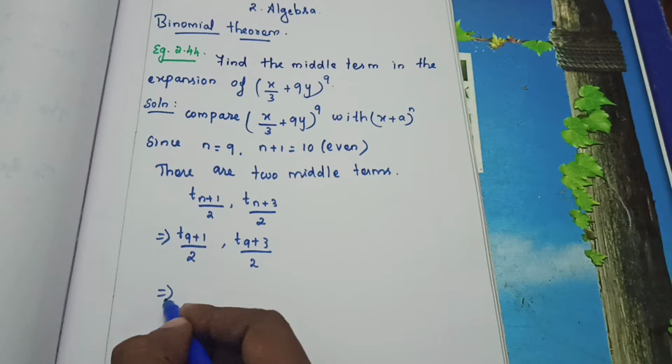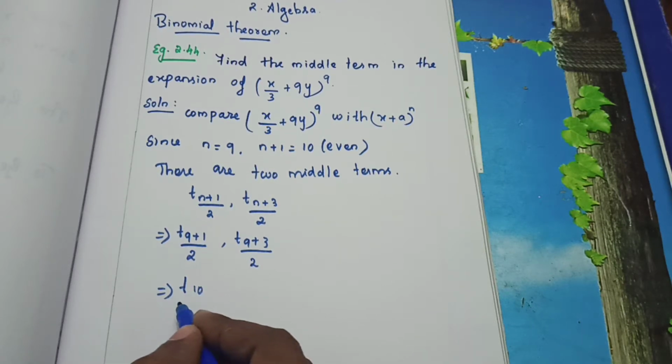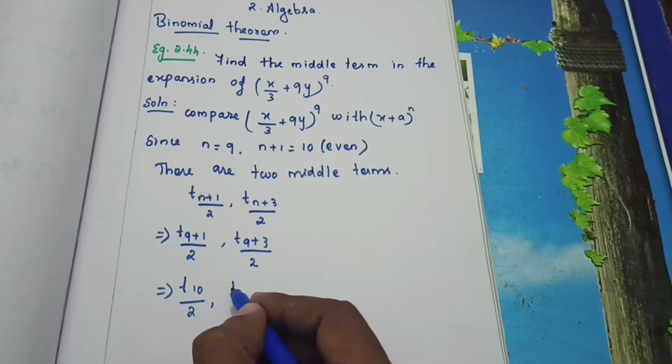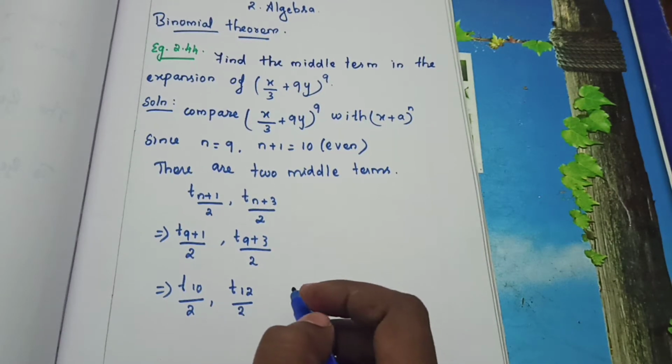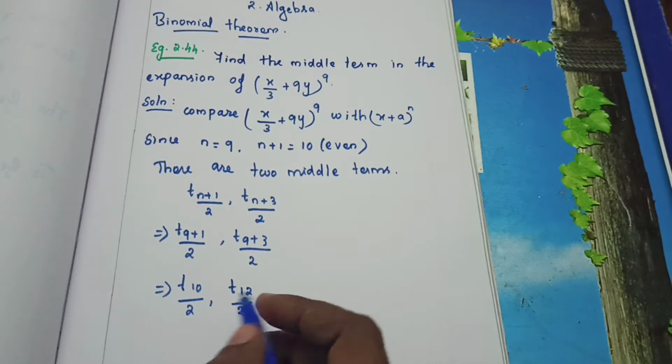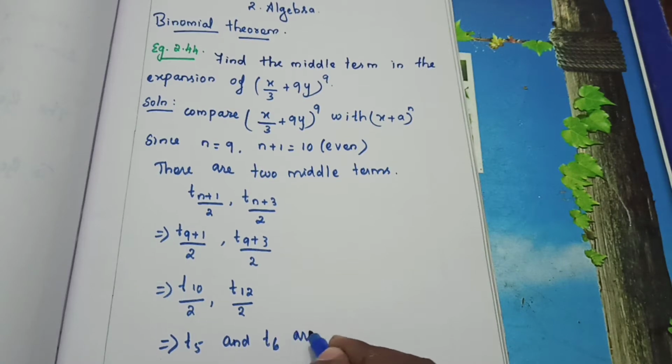So what are the terms you will get? T_(10/2), then another one is T_(12/2). Which implies T5 and T6 are the middle terms.